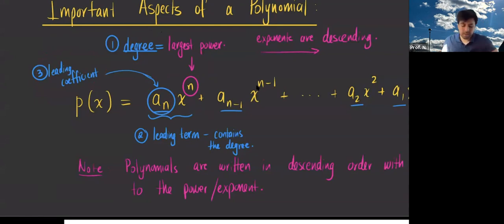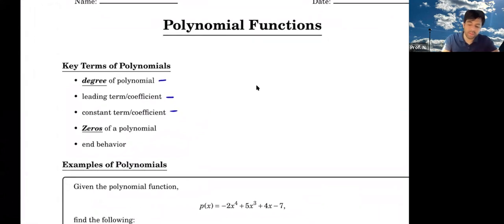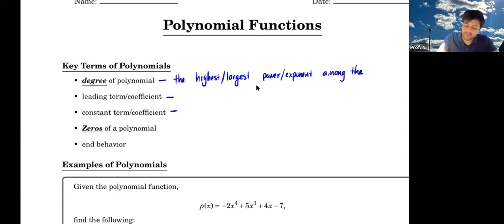Okay, good. So then let's go here. The degree of the polynomial is obviously the highest, largest, I don't know sometimes which word is better, the largest power or exponent among the terms, right? So we established that already.